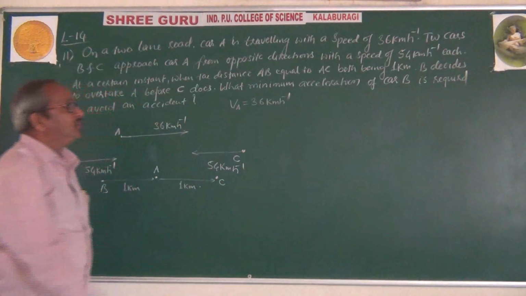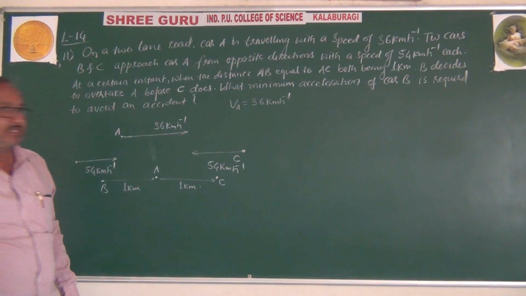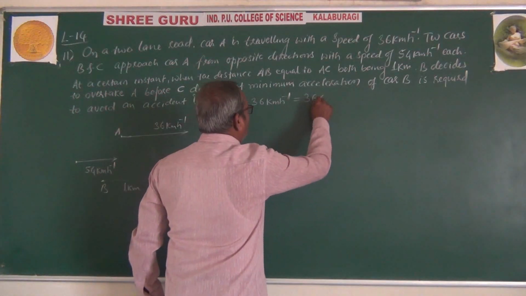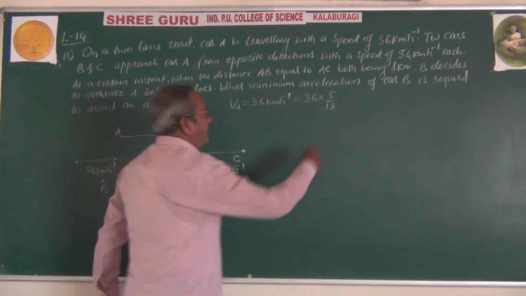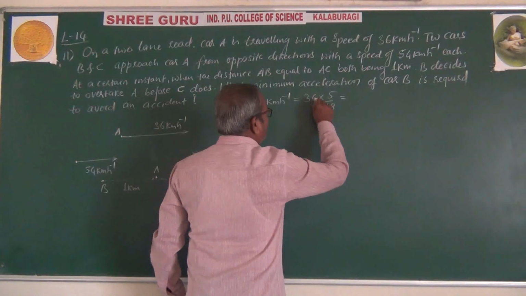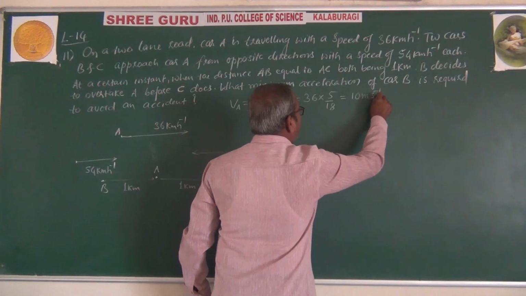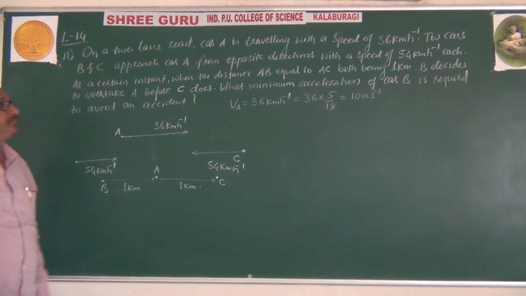As you know, this should be converted into meters per second. For that, already I gave you 5 by 18 you have to multiply, then it becomes meters per second. And here you are going to get it by simplification. This is 10 meters per second. This is the velocity of the car A.